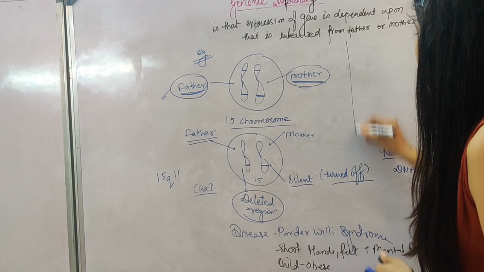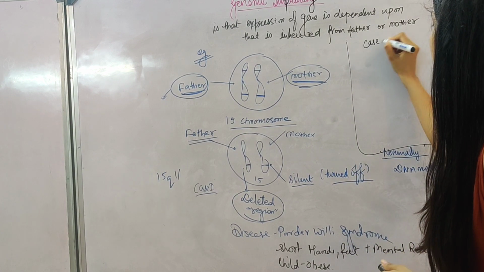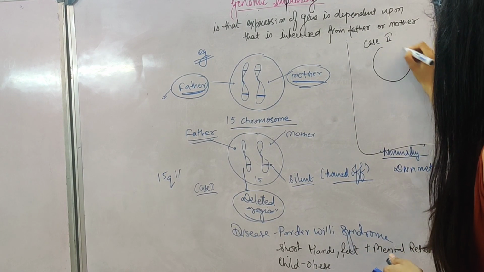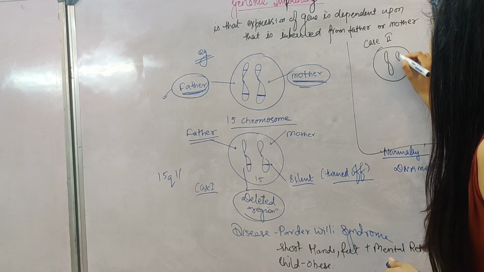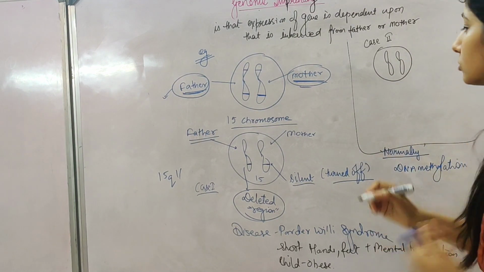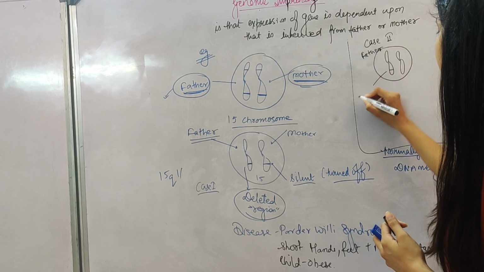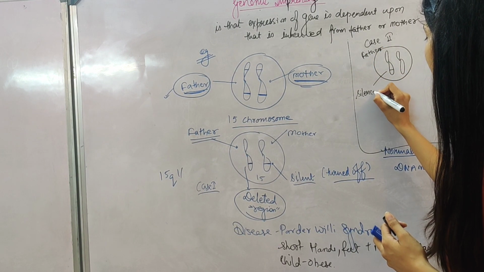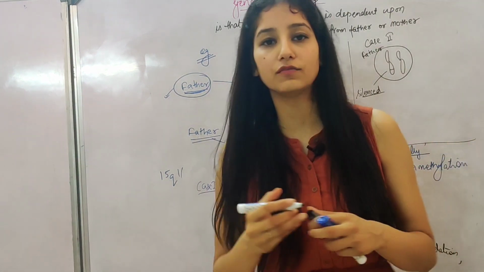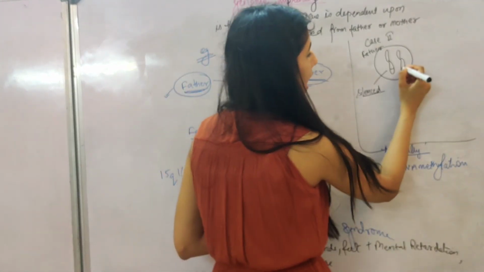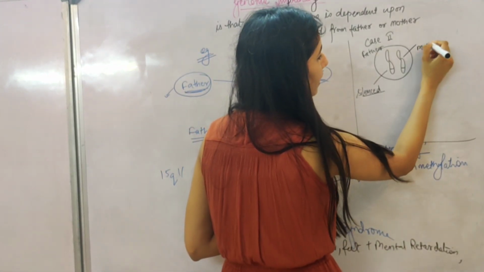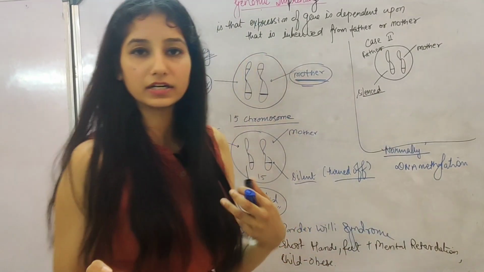But if the similar condition has been opposite, that is in case 2, what happened? The chromosome that came from the mother was not silent, but the father's gene was silenced. So now we were dependent on the mother's gene to do its work.